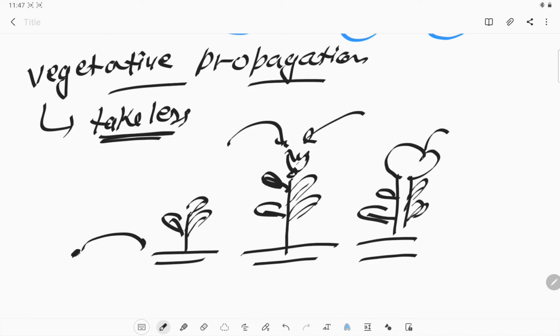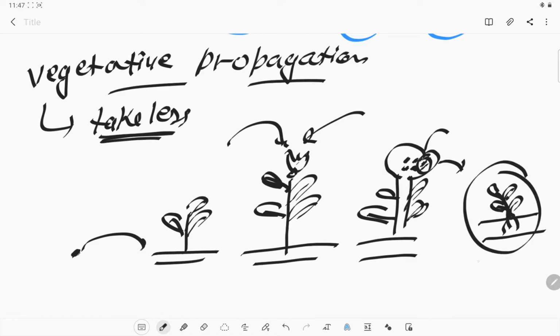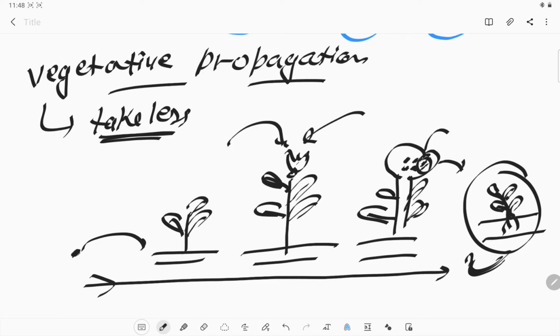After that, there will be seeds inside that fruit, and the seeds will require a dispersion process, so that these seeds will go to some other place, and there they will be buried in the soil, and then a plant will come out from it. And this is how a new plant grows from a very vast process. So the process is very long in case of sexual reproduction.